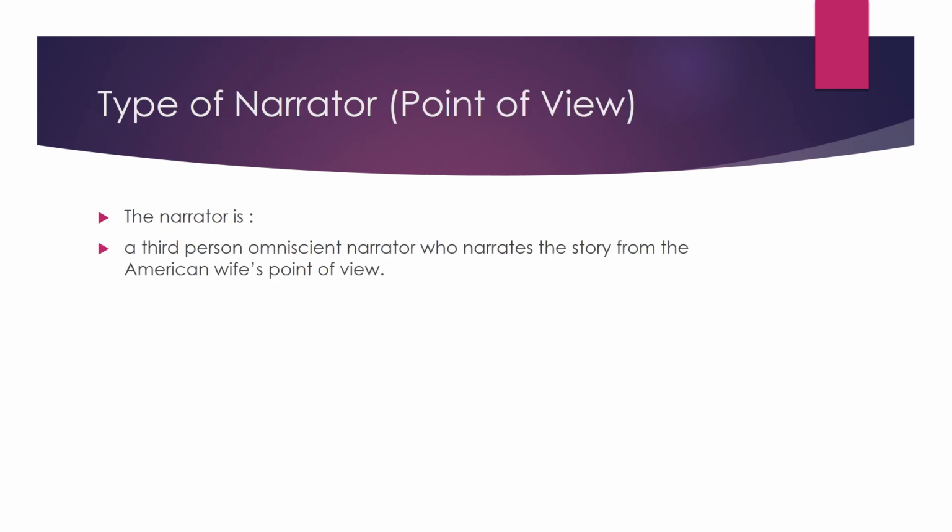As for the type of narrator or point of view, the narrator is a third-person omniscient narrator who narrates the story from the American wife's point of view. So here we have the third-person narrator who knows everything, who tends to be objective, who is supposed to be objective. But here again, Hemingway is being so tricky.